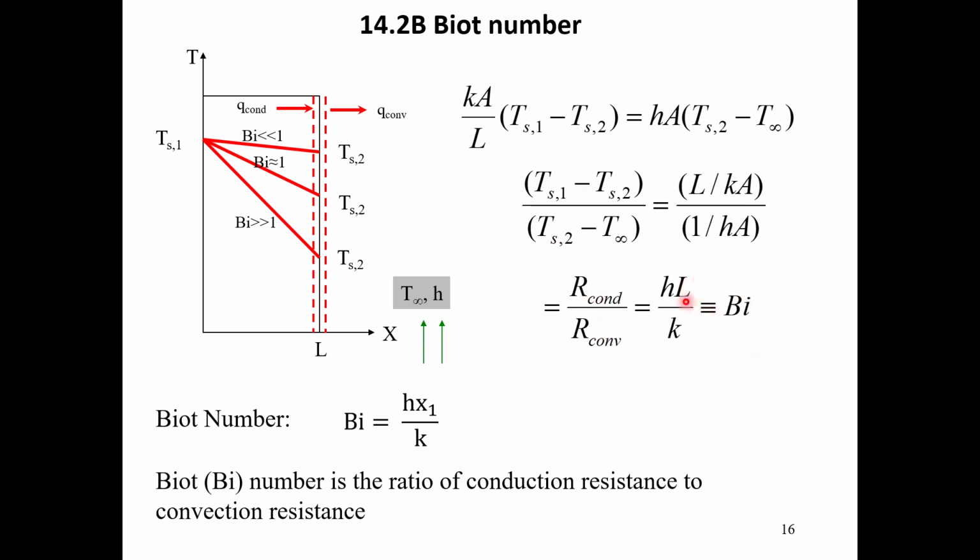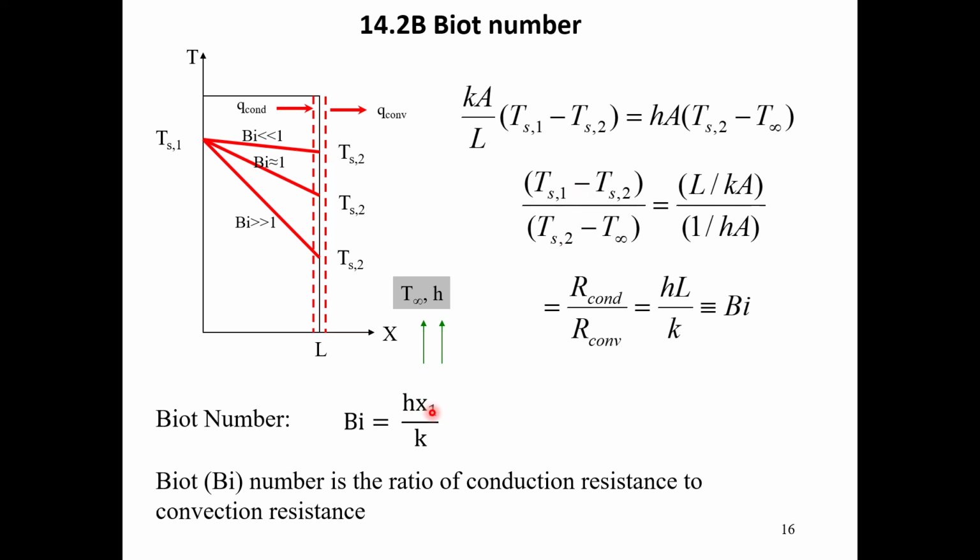We have this dimension L for a flat slab. To generalize this Biot number, we introduce x1, which stands for characteristic dimension. We have this characteristic dimension for any geometry, be it a cylinder or a sphere or a cube, etc. You can refer to the book.